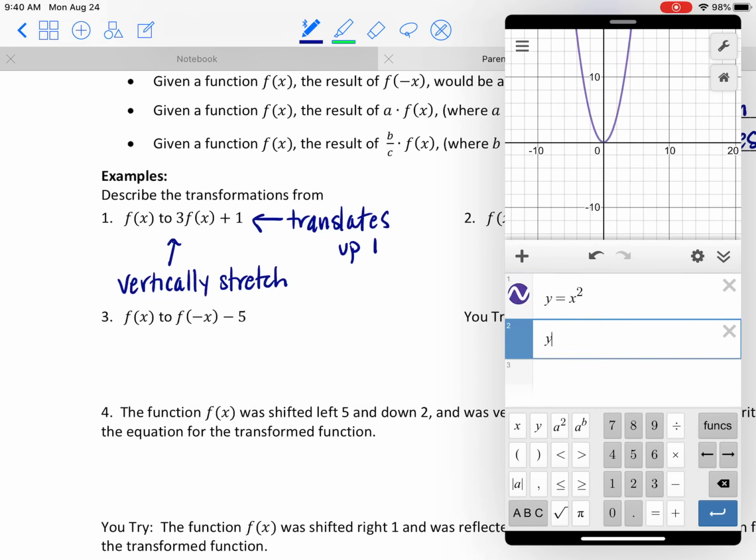Okay, if I took y equals x squared, okay, so now we have a black one to compare. If I multiply by 3, what happens? The black one now is stretched compared to the purple one, which is the parent. And then if I also added 1, then it shifts everything up 1. Okay, so we don't technically have to memorize these, we can see what's happening. Pick anything you want for f of x and you're going to see these transformations.